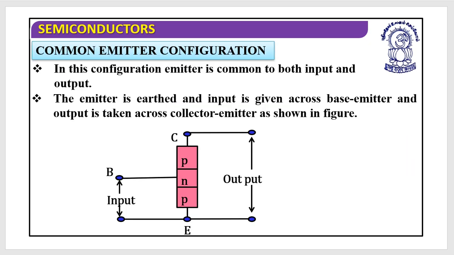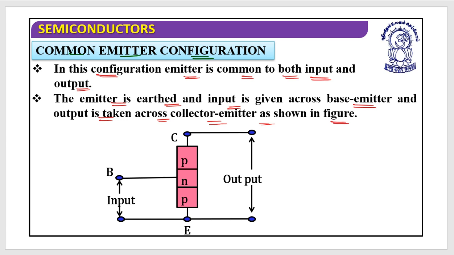Now let's look at the common emitter configuration of the transistor. In this configuration, the emitter is common to both input and output, and the emitter is earthed. Input is given across the base and emitter, and output is taken from the collector and emitter, as shown in the figure.